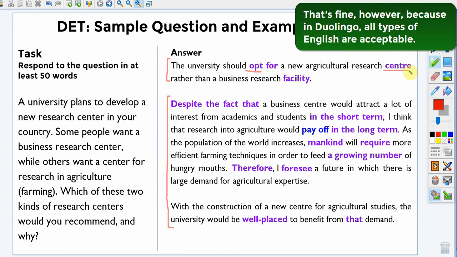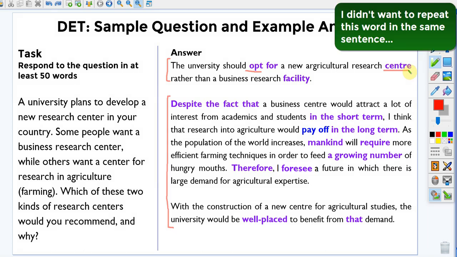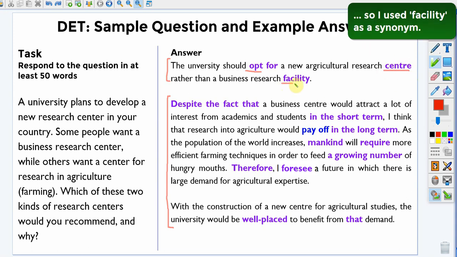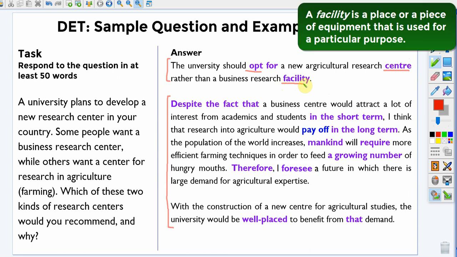That's fine, however, because in Duolingo all types of English are acceptable. I didn't want to repeat this word in the same sentence, so I used facility as a synonym. A facility is a place or a piece of equipment that is used for a particular purpose.